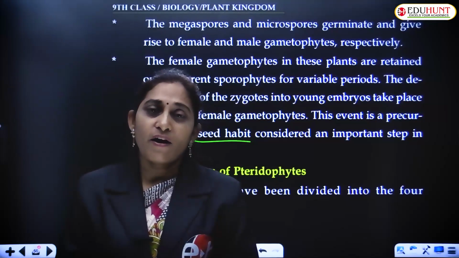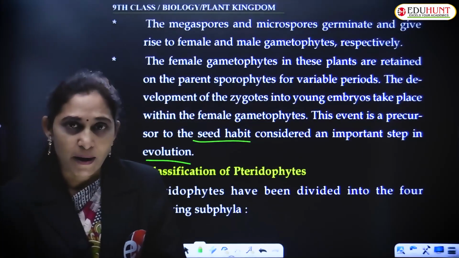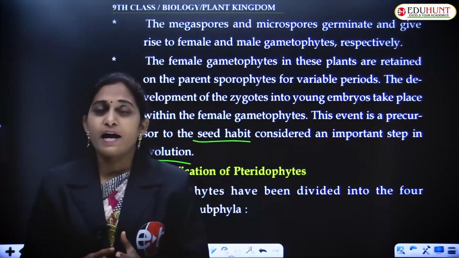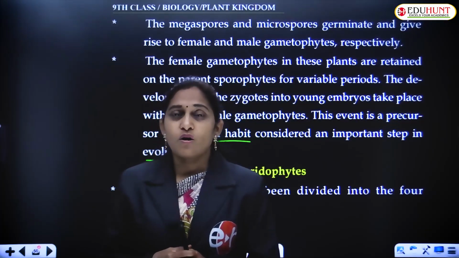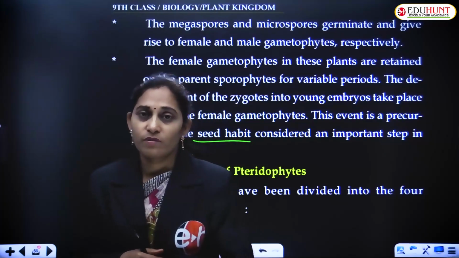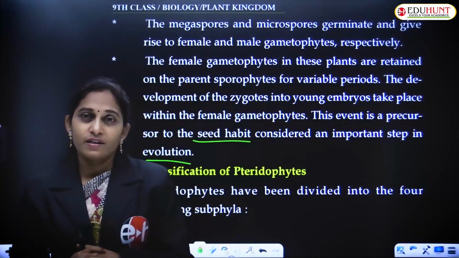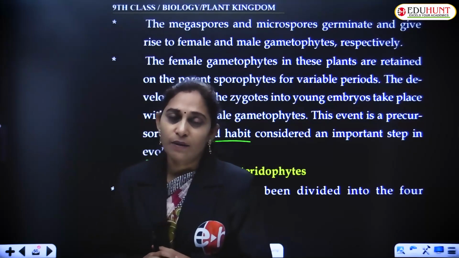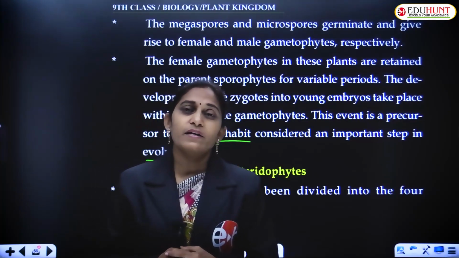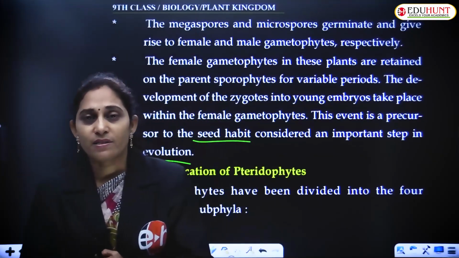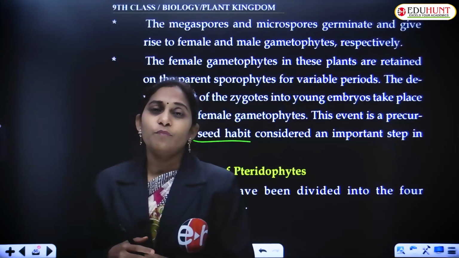The male gametophytes are the result of germination of microspores and the female gametophytes are the result of megaspores or macrospores. Male gametophytes produce male gametes, which swim in water and reach the female gamete, and fertilization happens in the female gametophyte. These are the important points.